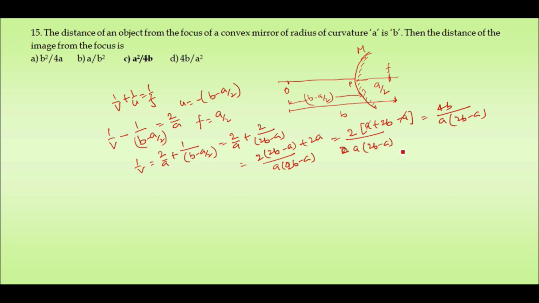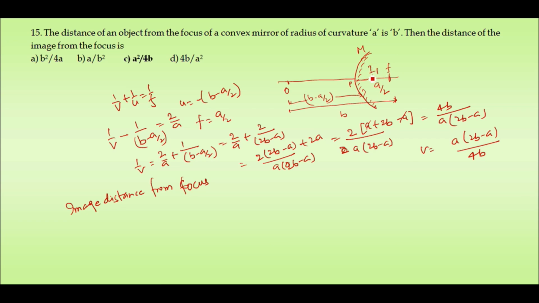So v is equal to a into (2b minus a) divided by 4b. So this is the value of v. So the image distance from focus: the image must be formed somewhere between pole and focus.